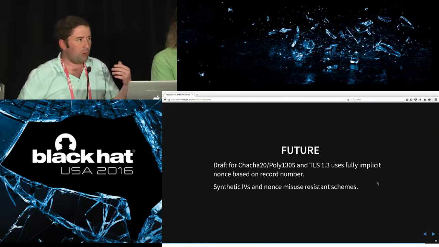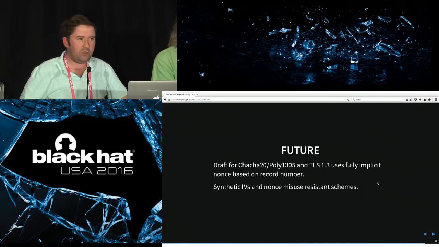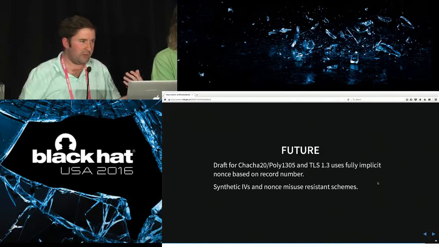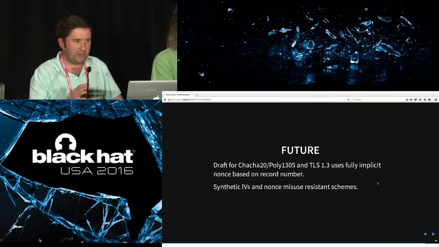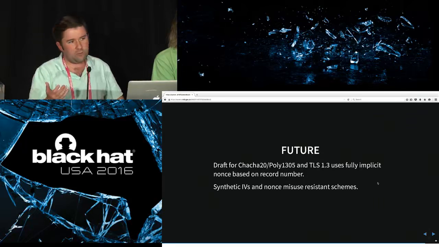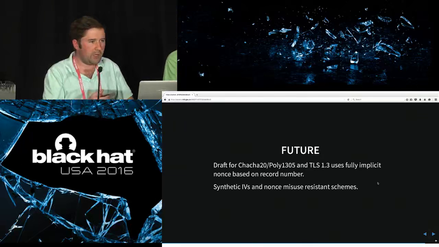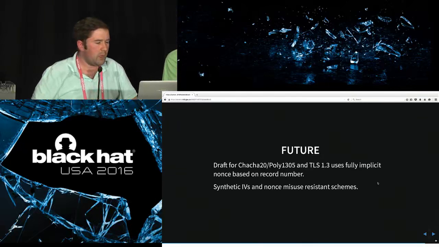The second kind of trend is more at the algorithm level. Here we see there have been some moves to define modes that are resilient against this kind of error in the first place. So you have constructions that generate synthetic initialization vectors or nonces based on the message itself. And so you can't really get into a situation where repeating the same nonce leads to this kind of problem.